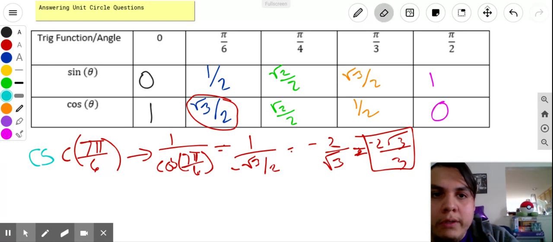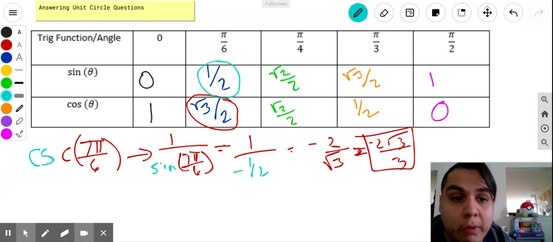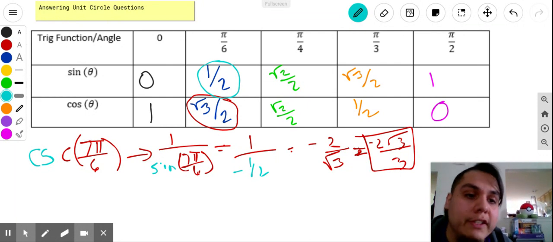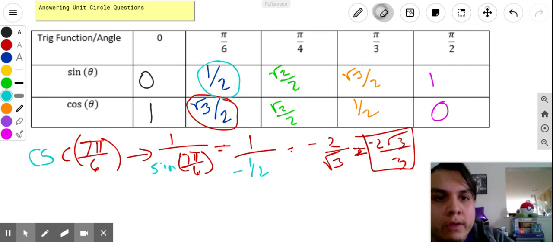Okay, well, cosecant is the reciprocal of sine, and sine of pi over 6 is going to be a negative 1/2 because it's still pi over 6, but now it's sine, so it's that value, but negative because it's still in the third quadrant. Only tangent is positive in the third quadrant. So then that just changes that answer to the reciprocal of that, so it should be negative 2. Don't have to rationalize that, so I'm done.